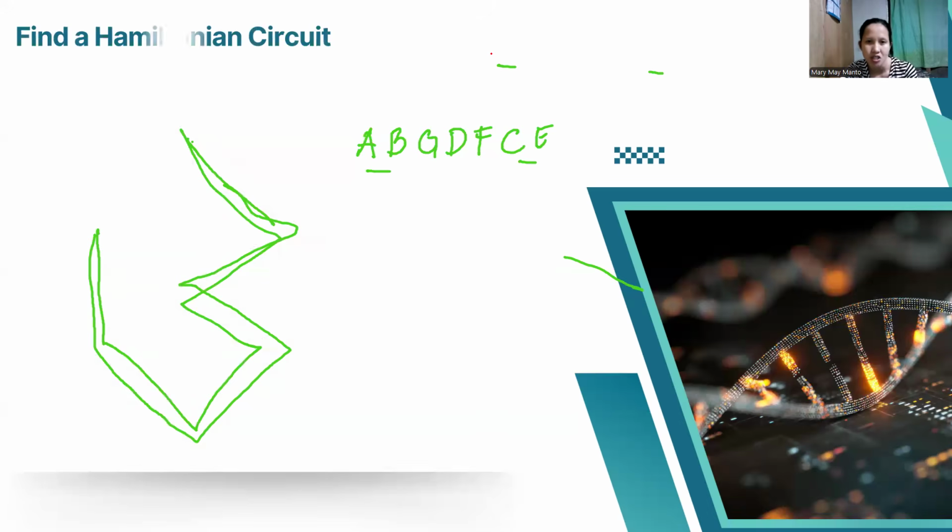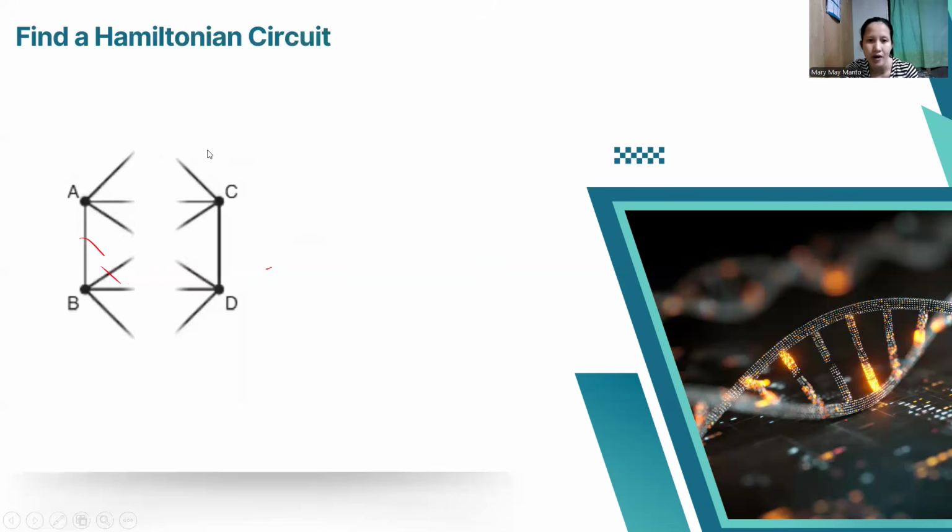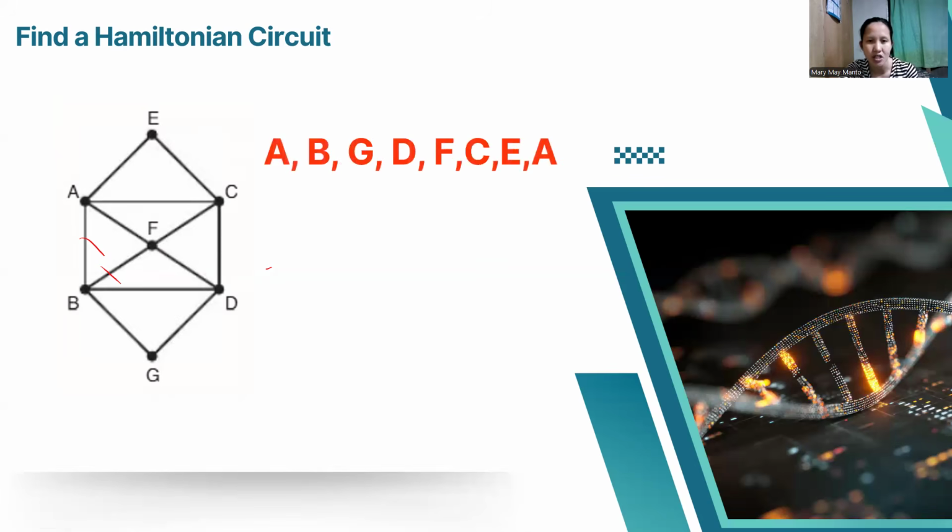How about the second? For this example, you are asked to find the Hamiltonian circuit. Remember that in Hamiltonian circuit, you have to visit all the vertices once. However, you must end where you started.